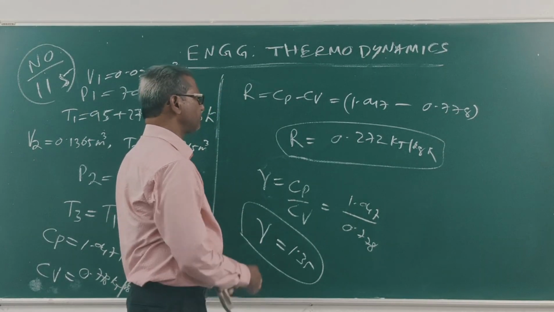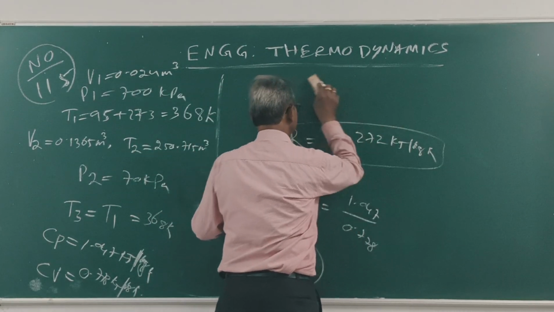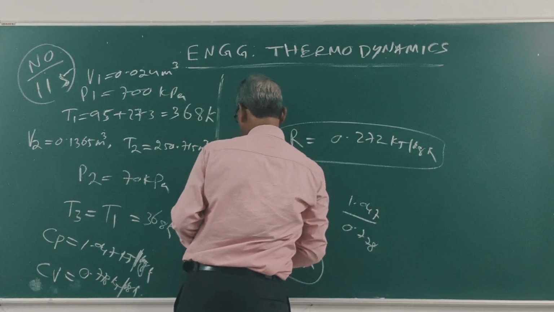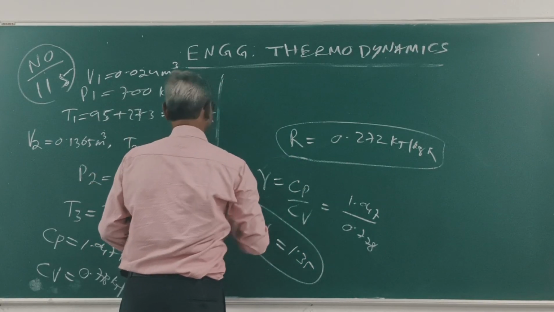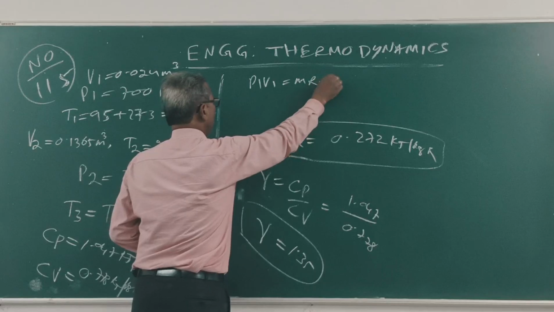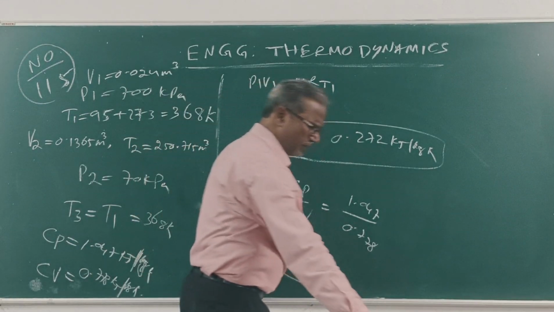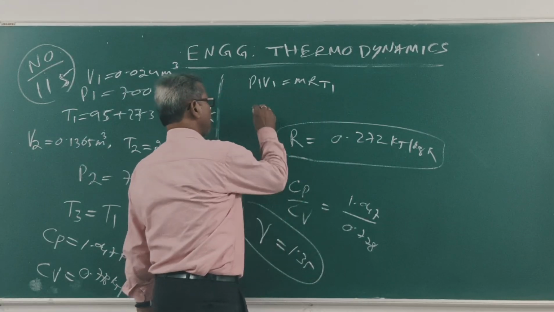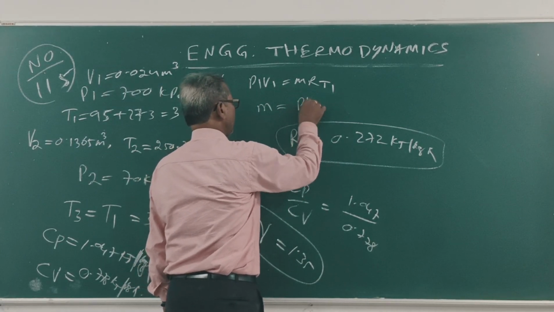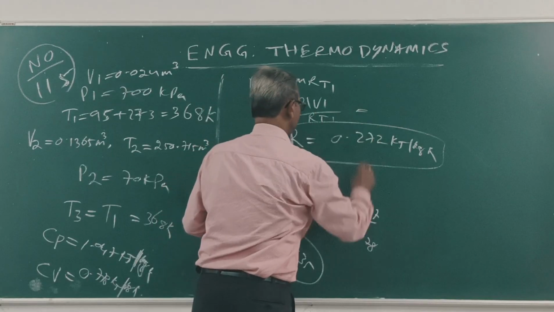Now mass m. P1 V1 is equal to m R T1. So what is m equal to? P1 V1 by R T1.